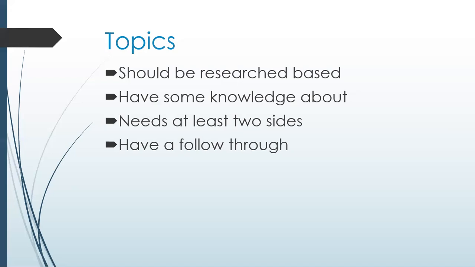And sometimes it's a bit difficult for students to make sure that they're selecting a topic that is persuasive and not informative. And then have a follow through, and I talked about the call to action. What is it you want people to do with the information? And that's going to be specific to this particular speech.